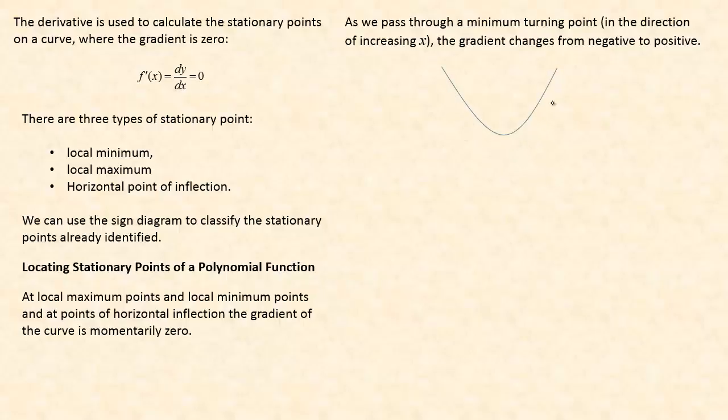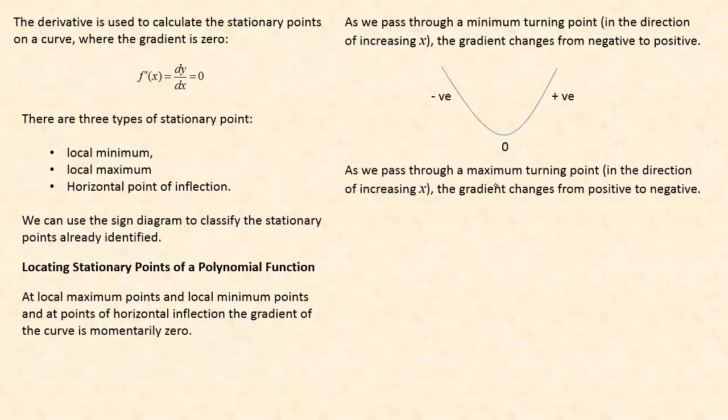So this is a picture of a local minimum. We can see the gradient is negative along here. It becomes 0 at the turning point itself, and then it becomes positive. So the gradient function, f'(x) or dy/dx, goes from negative to 0 to positive as we pass through the turning point.